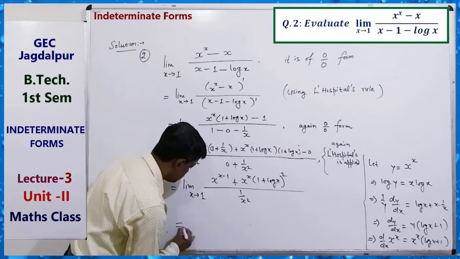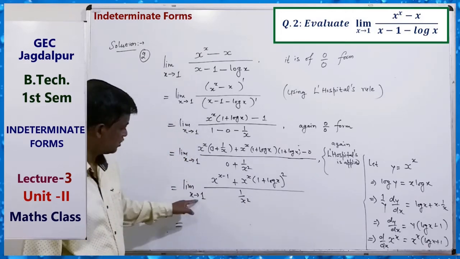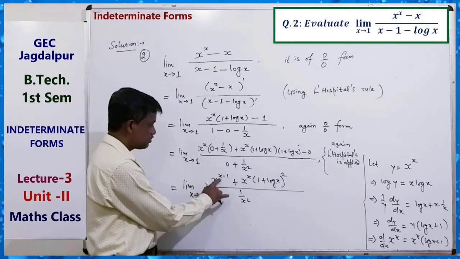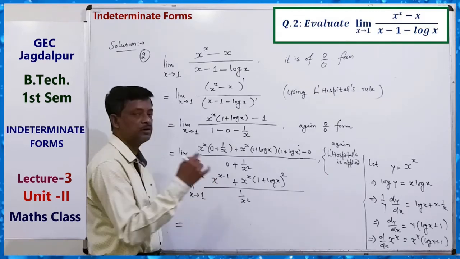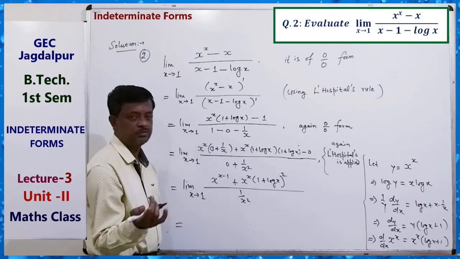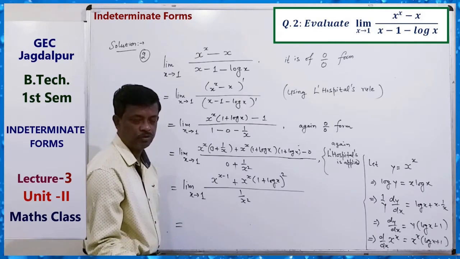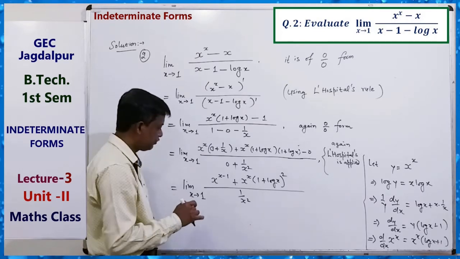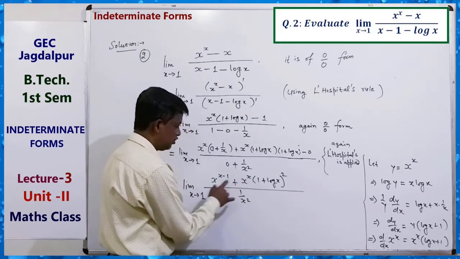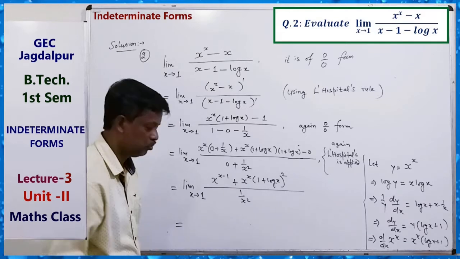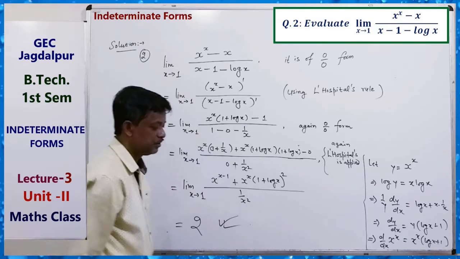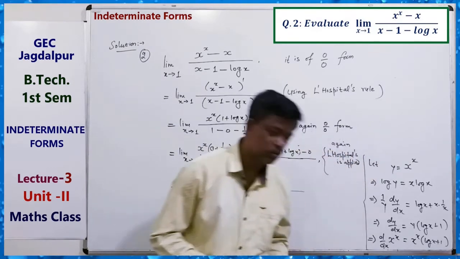Now we can find the value because x tends to 1: 1 by 1 square is 1. Here x to the power x minus 1, 1 to the power 0, is 1. 1 plus 1 is 2. The limit will be 2. So the value is 2.